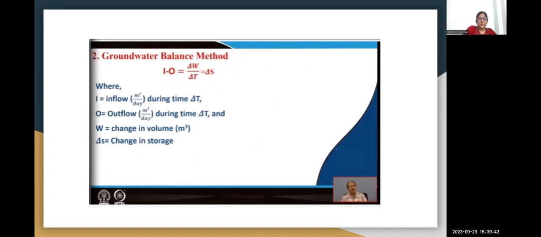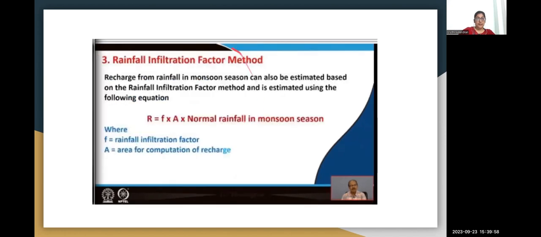Like we did in the problems, if it is given as a rate, it has to be converted into depth using the area and the duration of the flow, and obtained in terms of depth. Then the rainfall infiltration factor method, we saw during some initial questions: multiplication of the rainfall infiltration factor, area, and the normal rainfall.